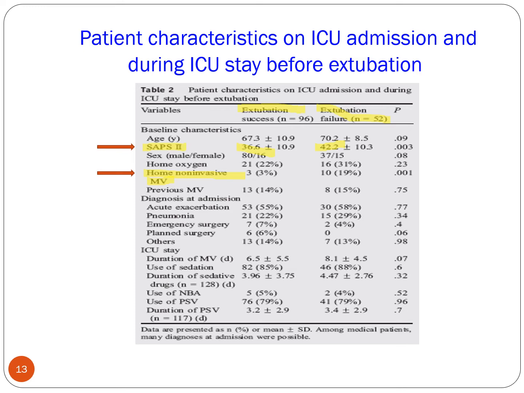And then another thing, most of the failures, 10 versus 3, were using non-invasive ventilation at home. So the takeaway from there is that if you happen to be on non-invasive ventilation at home, you are at a higher risk of extubation failure.